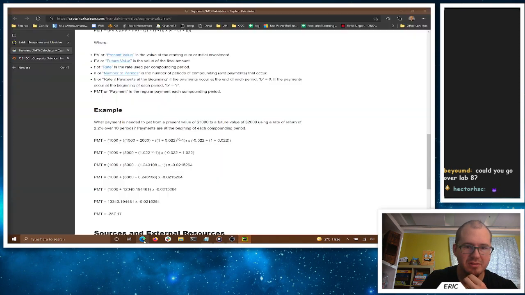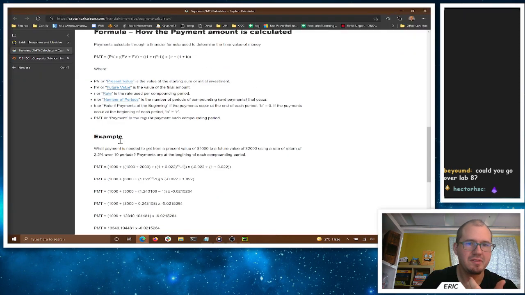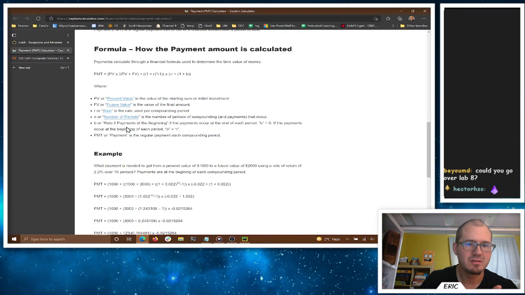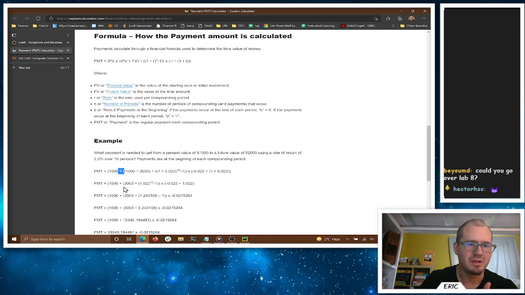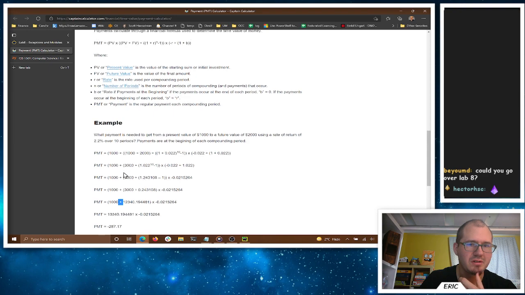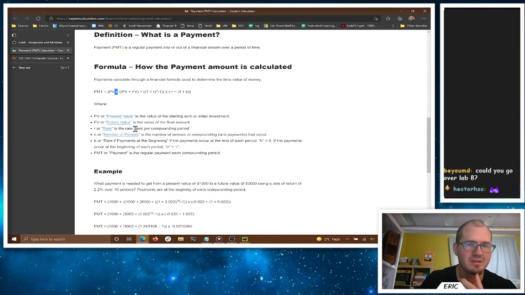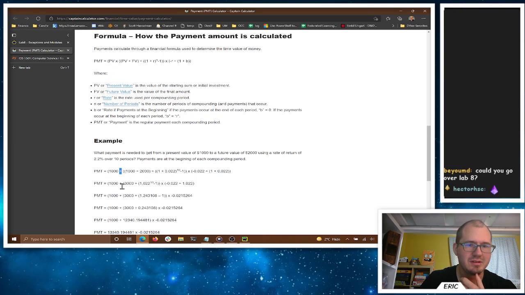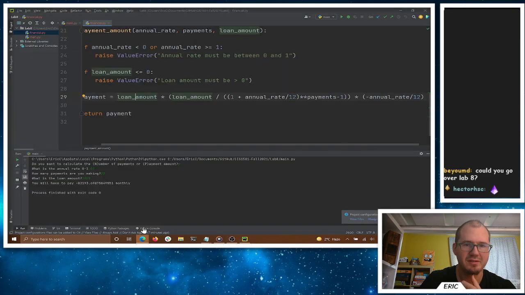Loan amount. Oh, is this plus? Wait, they have a plus in all of their calculations here, not a multiplication. Is that a typo? Is that plus? Let's see if it's plus.